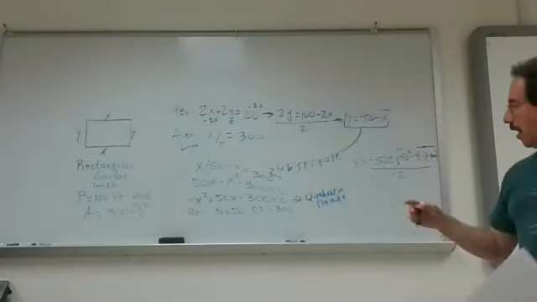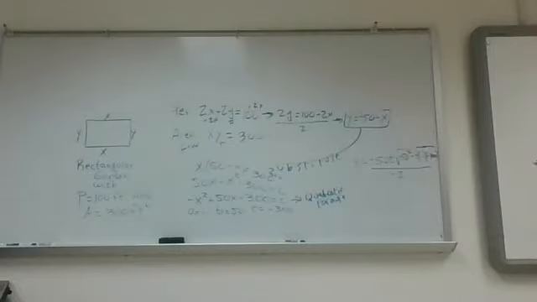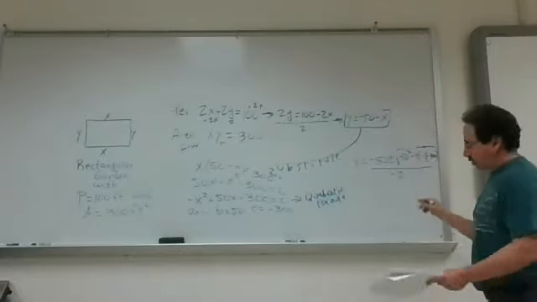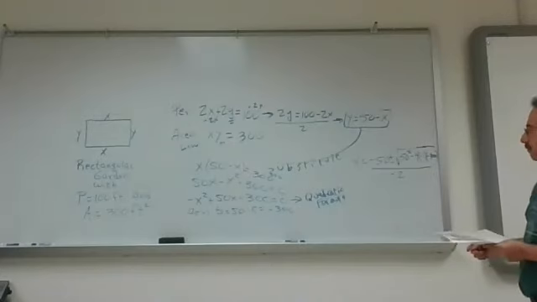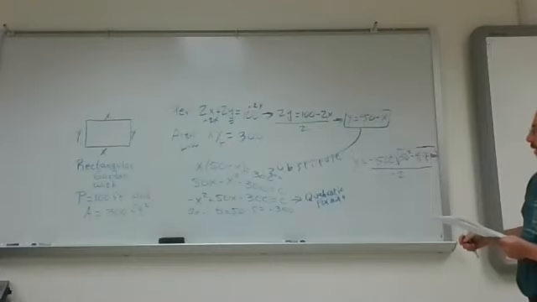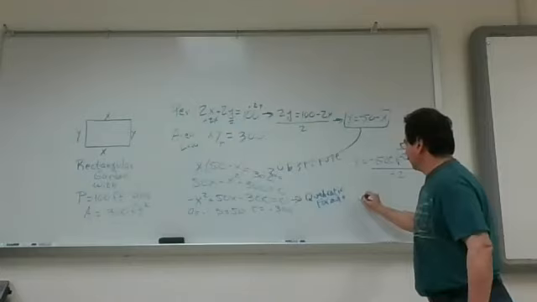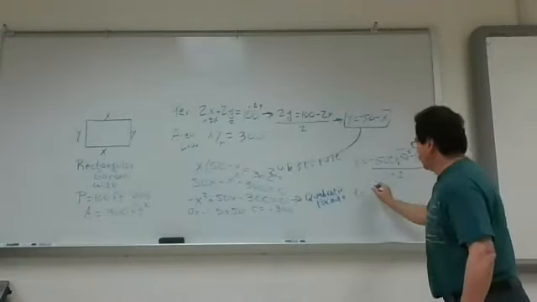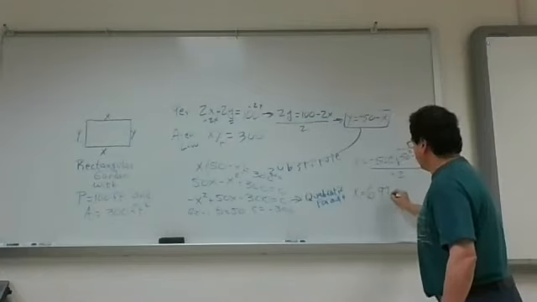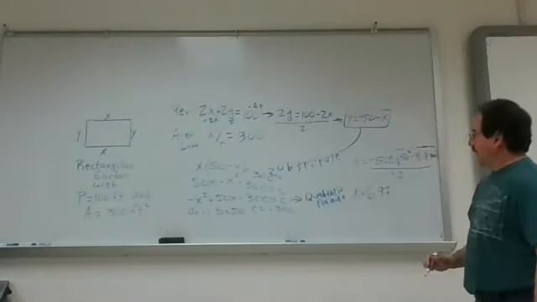And when you use your calculator to reduce this, what you end up with is, let's see, you get 2 values actually. One x value that you get is 6.97.